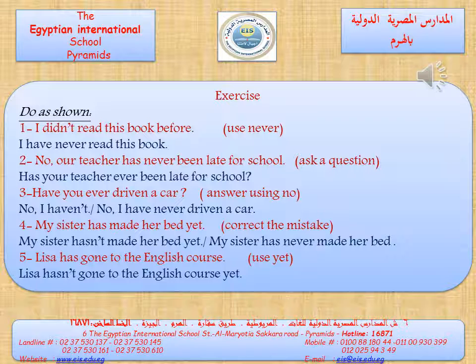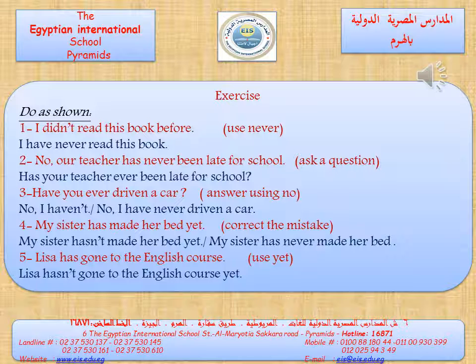Question number 2: "No, our teacher has never been late for school." Ask a question. In this answer we have "never", and we said that when we make a question in the present perfect form we use "yet" or "ever". Because we have "never", it's better to use "ever".